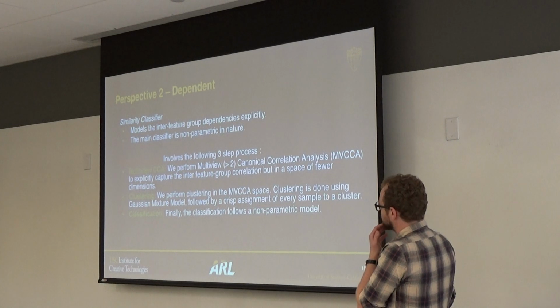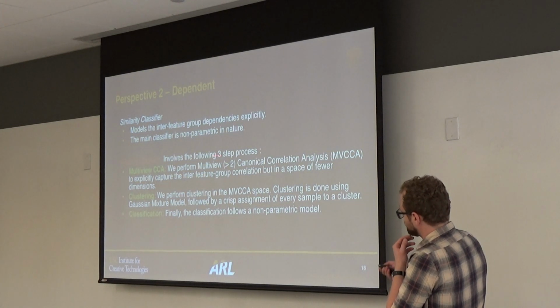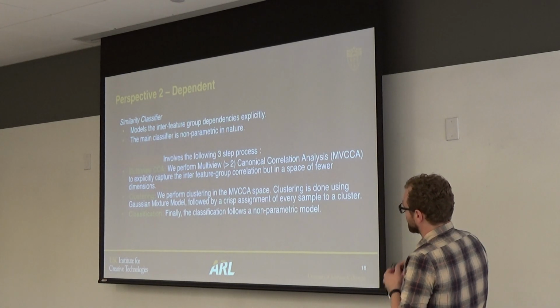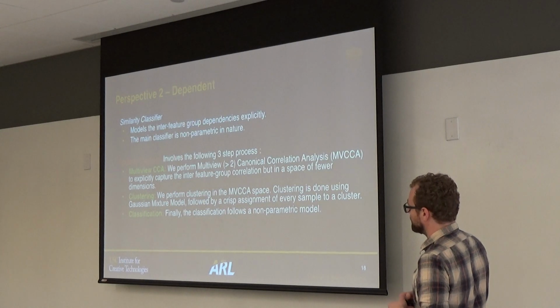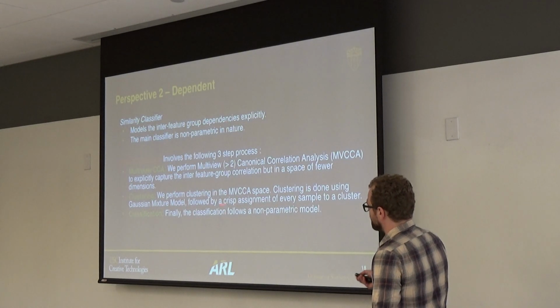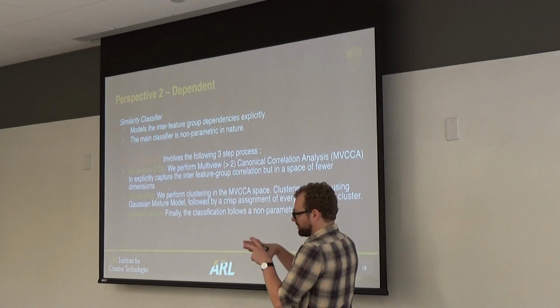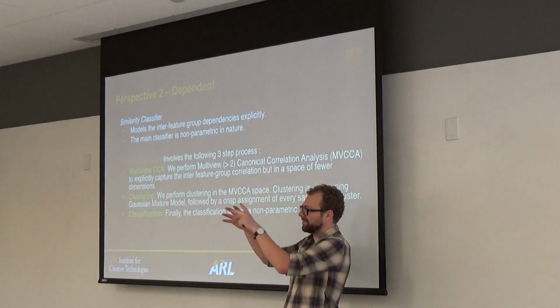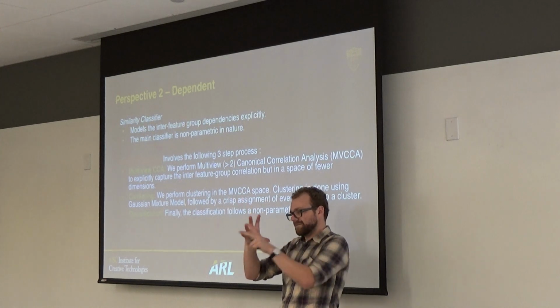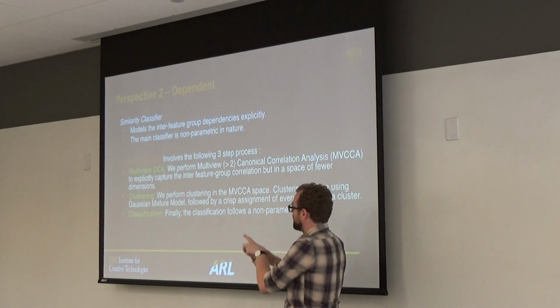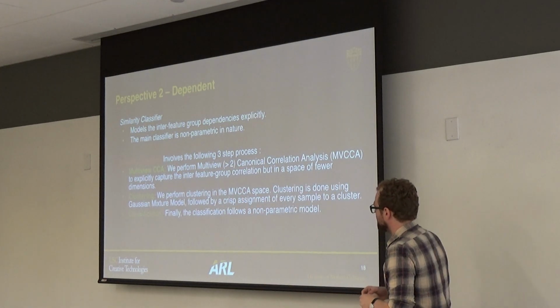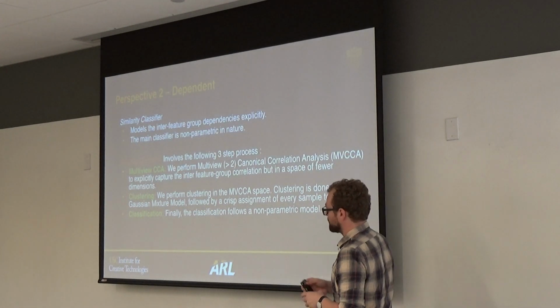And then this is the second perspective, where we extend the canonical correlation analysis to a multi-view approach, and we perform clustering. So in this multi-view space, we create these clusters, unsupervised, in this case using Gaussian mixture models.